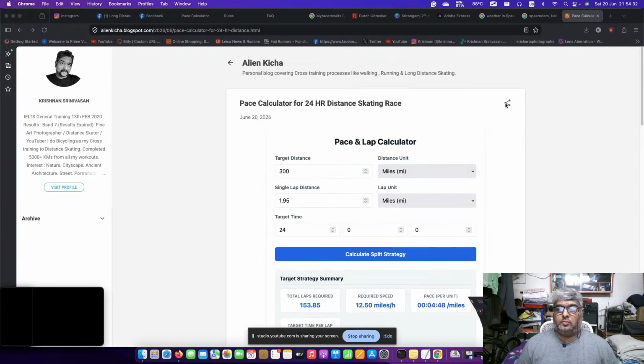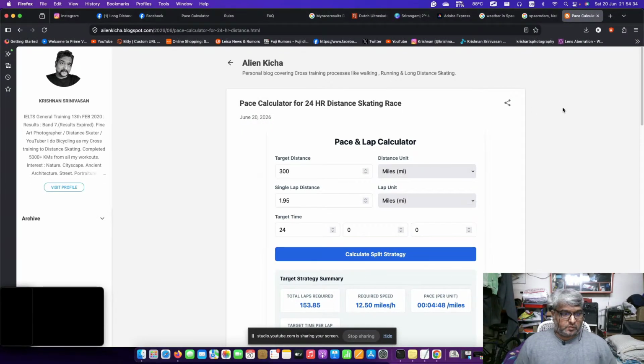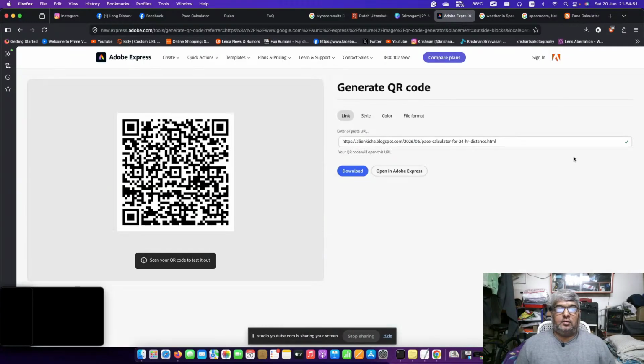Okay, so between our old video and this video, I took some liberty to create a web-based app on alienkitcha.blogspot.com. If you want the link, you can scan this code.